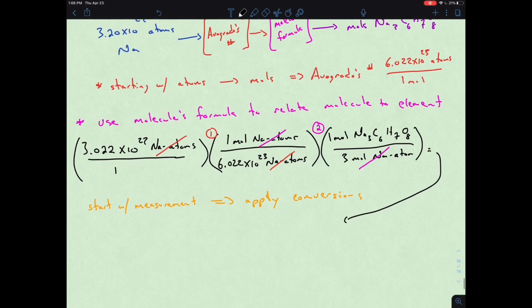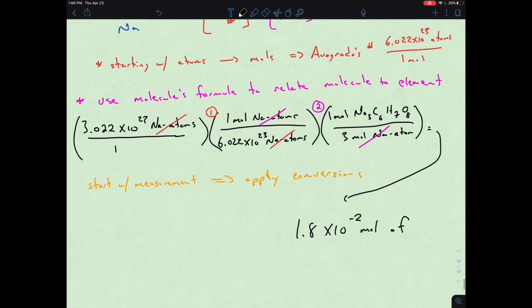And we end up with a value of 1.8 times 10 to the negative second moles of that sodium citrate.